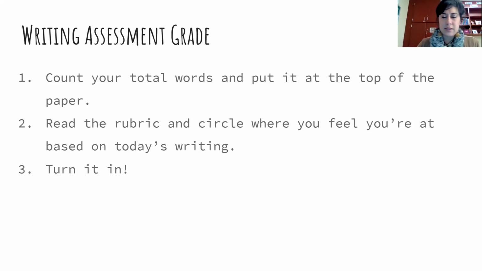So let's see. I don't think I have it already. Let's see if I can find it real quick just to show you. Okay, so I'm not sure that yours looks exactly like this.